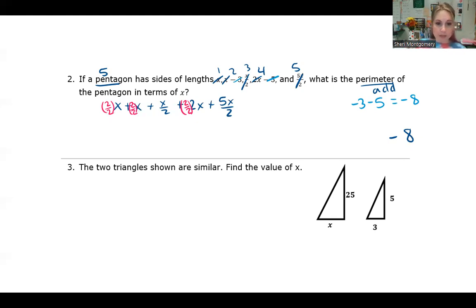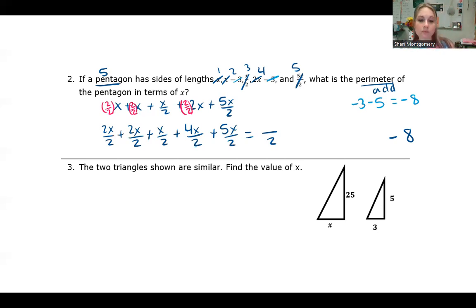So I'm going to rewrite these. So 2x over 2, 2x over 2, x over 2, 4x over 2, and then 5x over 2. When you add fractions, the denominator stays the same. So all the way across, it's going to be denominator of 2. So on the top, usually when I add, I start with the biggest numbers. So 5 and 4 makes 9.